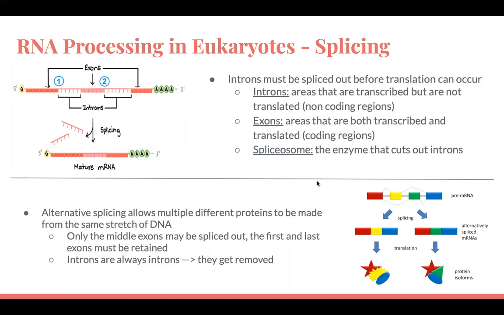And then there's also alternative splicing, which allows multiple different proteins to be made from the same stretch of DNA. And just little things to note, only the middle exons can be spliced out. The first and last exons have to be retained because those are what contain the start and stop codon. And then another thing to note is that introns are always introns, so they're going to be removed no matter what, even in alternative splicing.